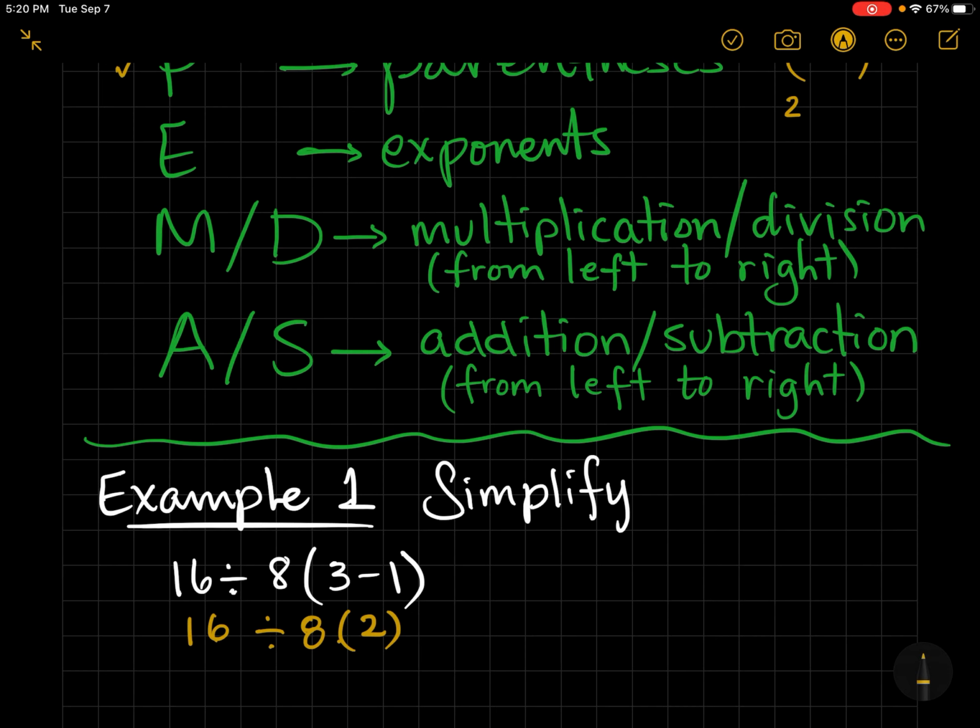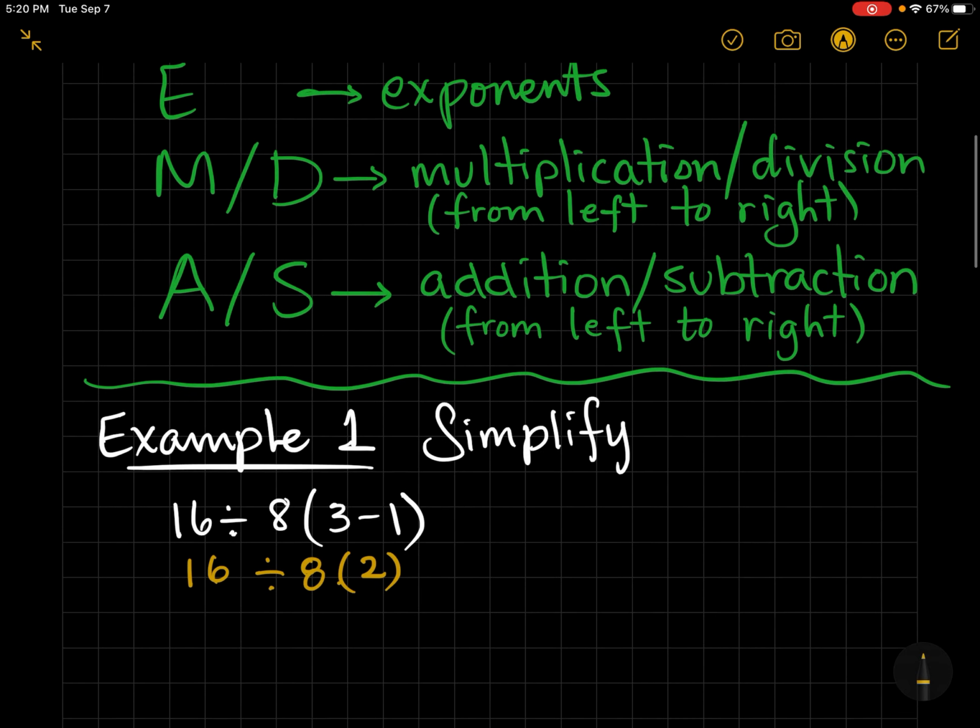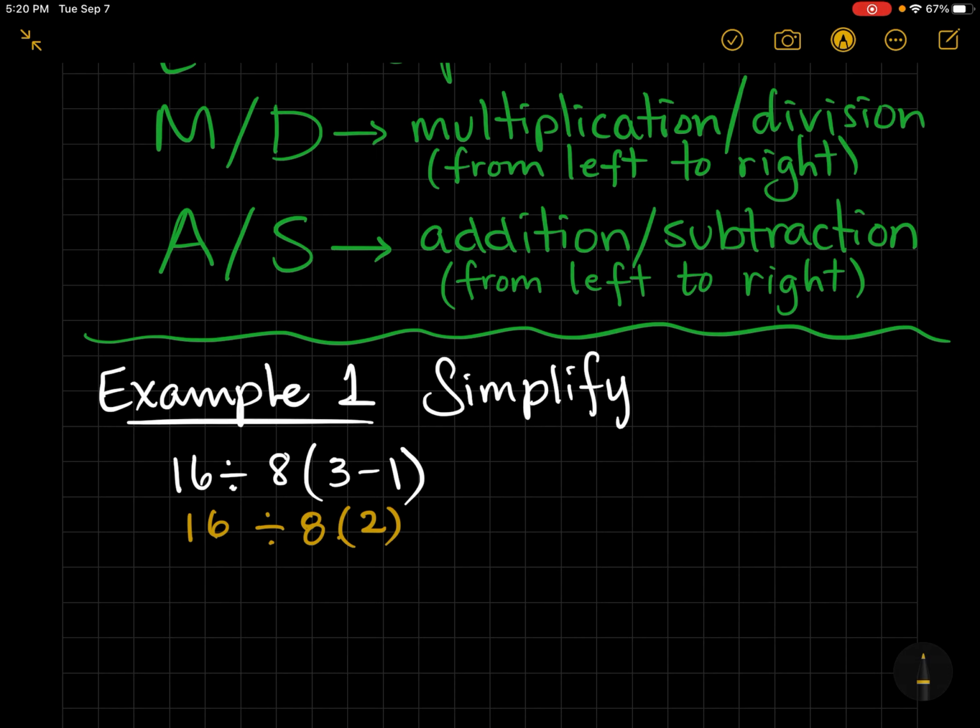So I'm going to do the division and multiplication in order from left to right. So that means I'm going to do the division first, right? 16 divided by 8 is 2, and then multiply by 2, and my answer is 4.